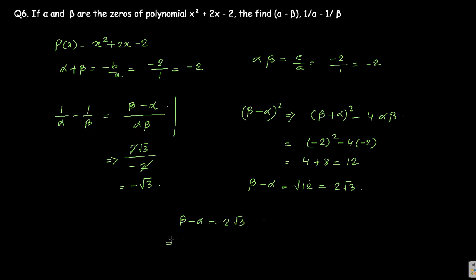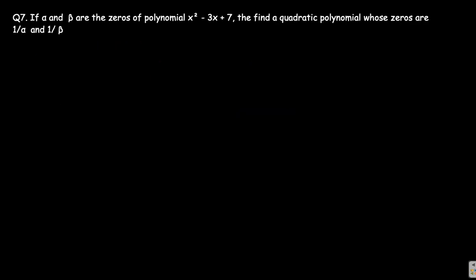If we take minus common, beta becomes minus and alpha becomes plus, so we can write it as alpha minus beta. So alpha minus beta is minus 2 root 3. Okay, now go to the next question, and it is the last question.